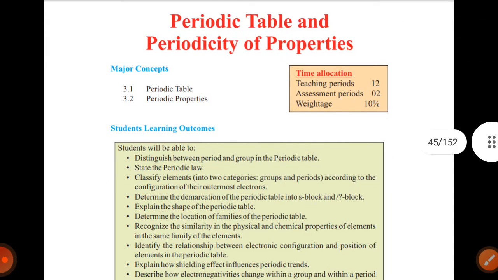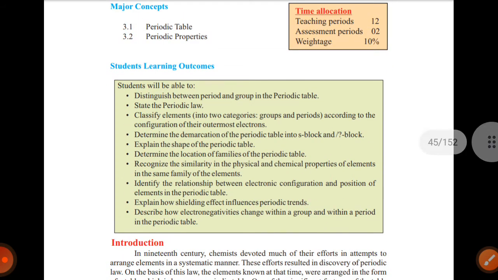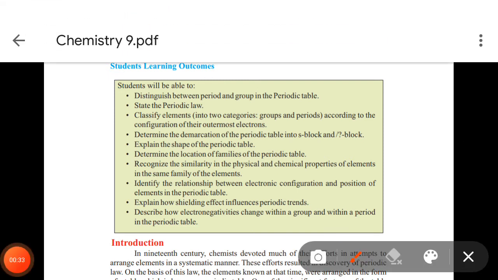इसमें हम लोग देख लेते हैं एक दफ़ा कि इसमें actually हम लोगों ने करना क्या है. Students will be able to distinguish between period and groups in periodic table. Number 1, state the periodic law, classify elements into categories, groups and periods according to the configuration of their outermost electrons.